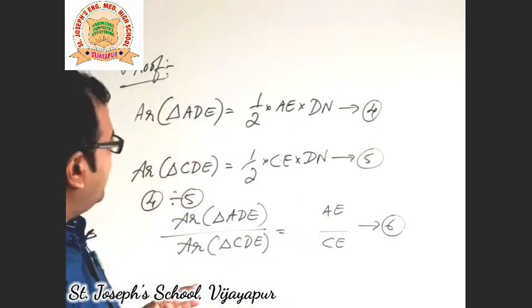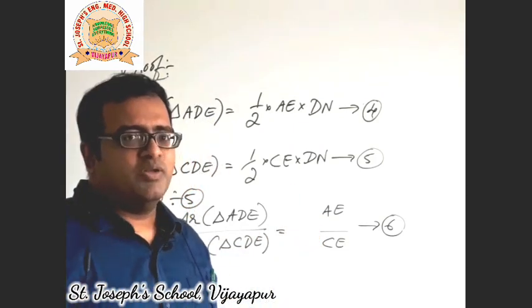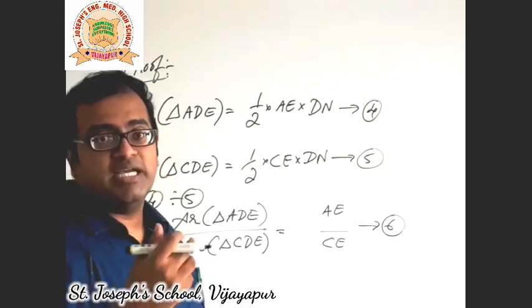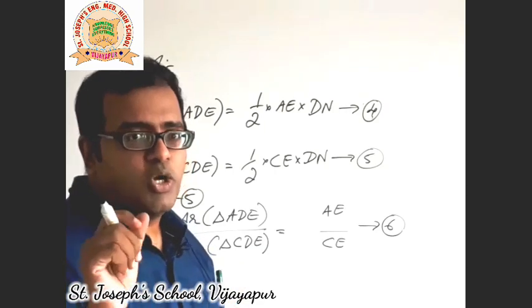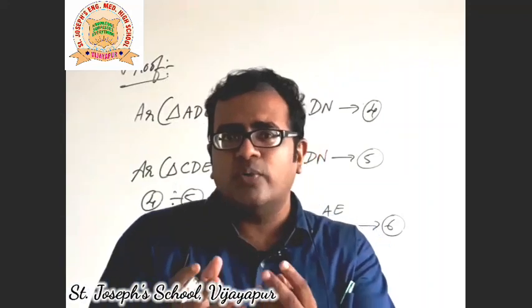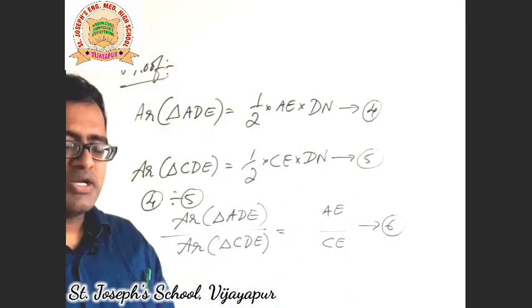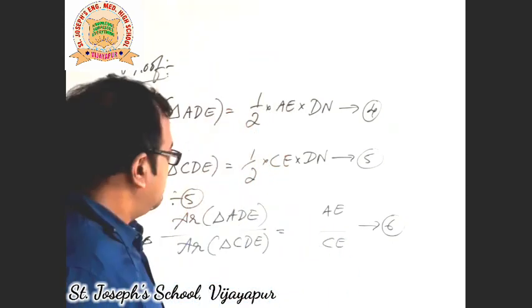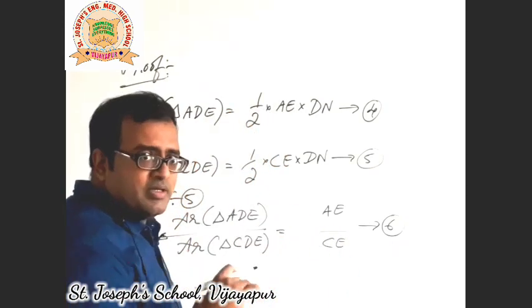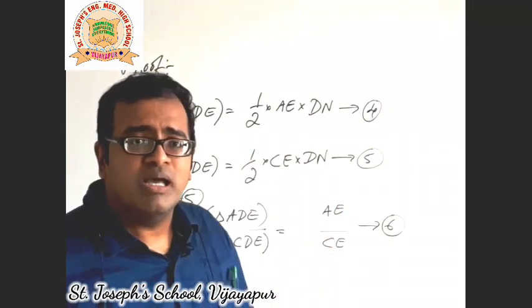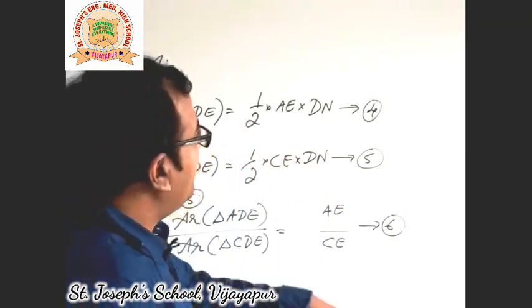On the left hand side, the numerators are same. Look at the numerator. Area of triangle ADE, area of triangle ADE. What's different? The denominators. If only we could equate the denominators, these two ratios would be equal. So let us try to equate the denominators. Let us leave all this till here, then concentrate on a different part of the main triangle. Let us come back to the main triangle.